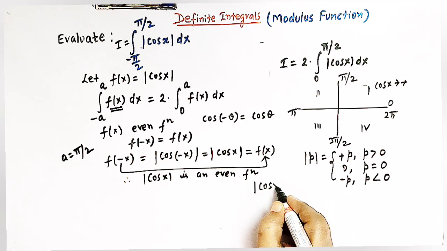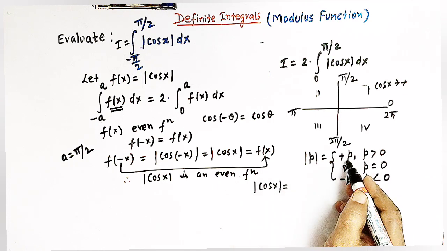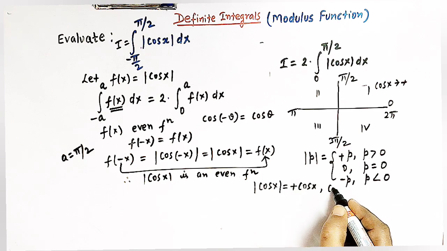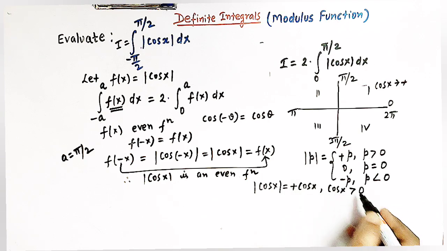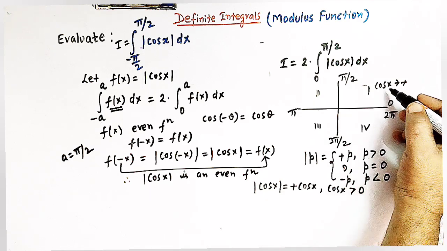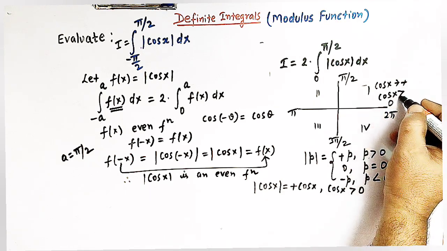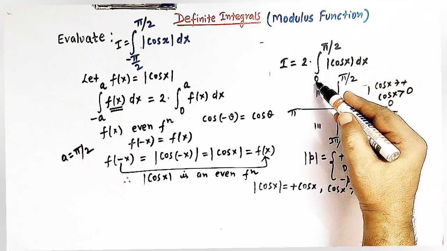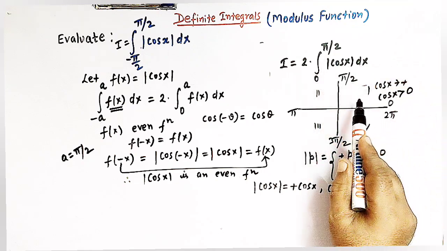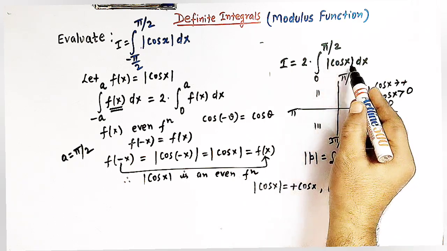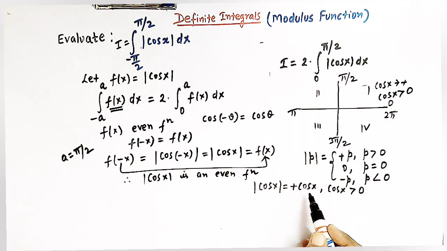So mod of cos x is equal to positive cosine x when cos x is greater than 0, right? And we know that cosine x is positive, that is cos of x is greater than 0 for all x belonging to the first quadrant, right? So here we'll replace mod of cos x by positive cos x.